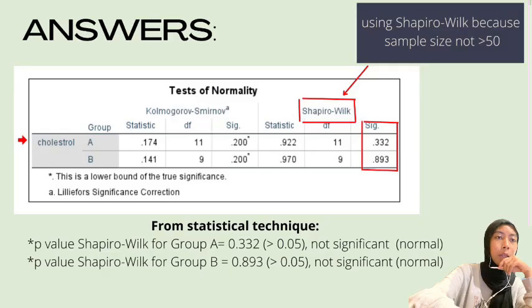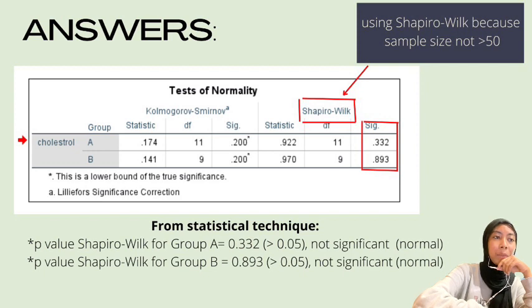For the test of normality, we use Shapiro-Wilk because the sample size is not more than 50. Then from the statistical technique, we can see the p-value of Shapiro-Wilk for group A is 0.332, which is more than 0.05. So you can say it is not significant, it is normal.